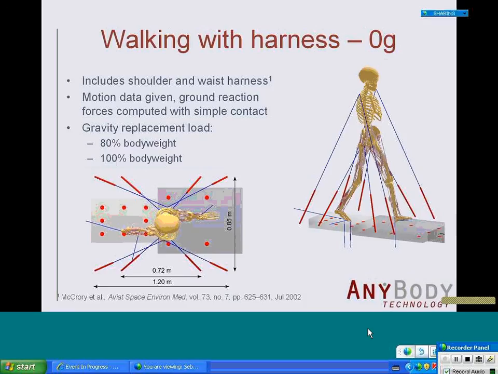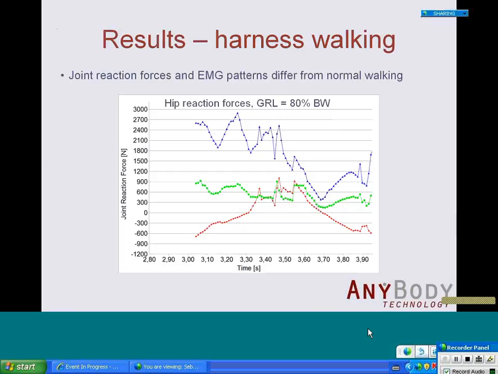And when we now apply this model, or when we now let this model walk, we can see how the hip reaction forces change. In this case, you can see the data for the gravity replacement load level of 80% body weight.